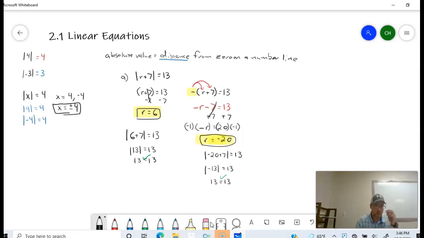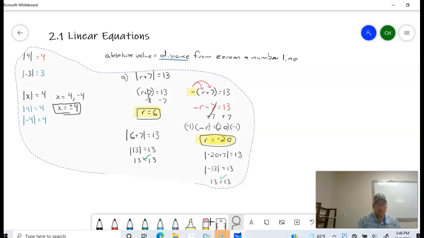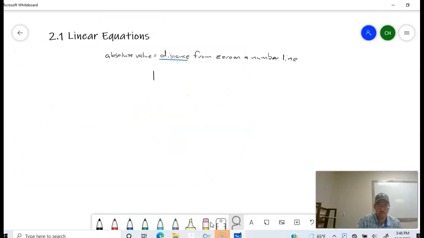All right, so let's look at one more. So let's do the absolute value of 2x minus 3 equals 4x.